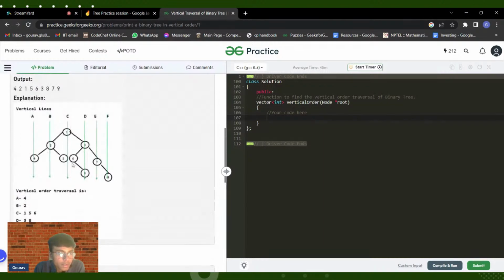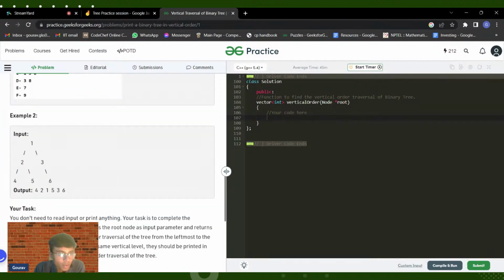Since 5 and 6 are overlapping, we will output 5 because 5 is smaller than 6. And 1, 5, and 6 are lying in the same vertical. Then 3 and 8 are lying in the same vertical, so 3 and 8 come after that, followed by 7, which lies in the next vertical, and then finally 9. This is how we will progress from the left vertical end to the right vertical end, meanwhile outputting all the node numbers in the form of a vector.